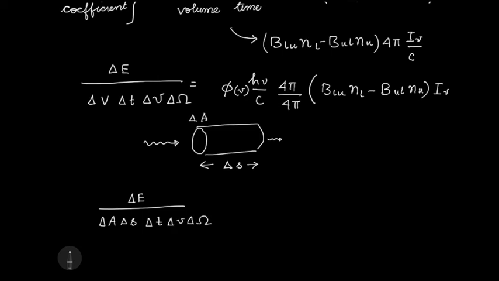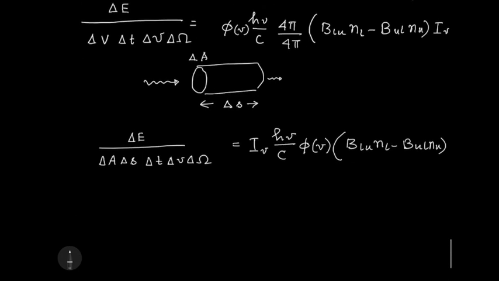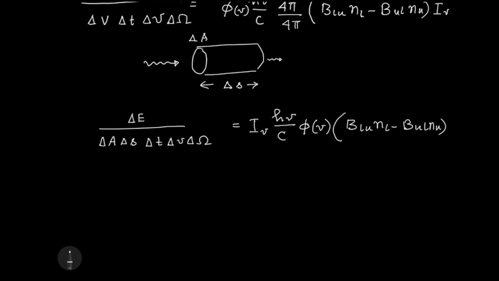I can write that volume as delta A times delta S, and then delta T, delta nu, delta omega. So this is the excess radiation that is absorbed.